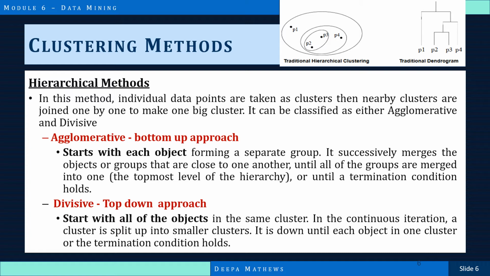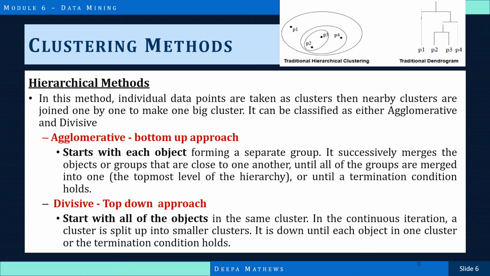Suppose you have 5 different objects, namely A, B, C, D and E. Initially all the objects will be in separate groups. A will be in cluster 1, B in cluster 2, and similarly all 5 objects are in different clusters. In the agglomerative approach, it merges the objects or groups that are close to one another.